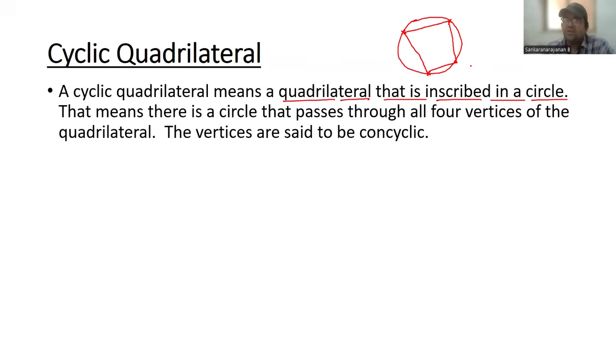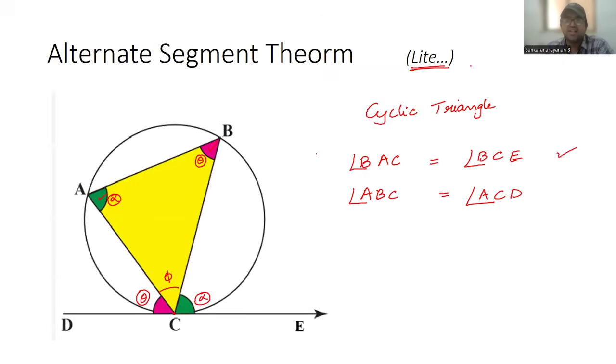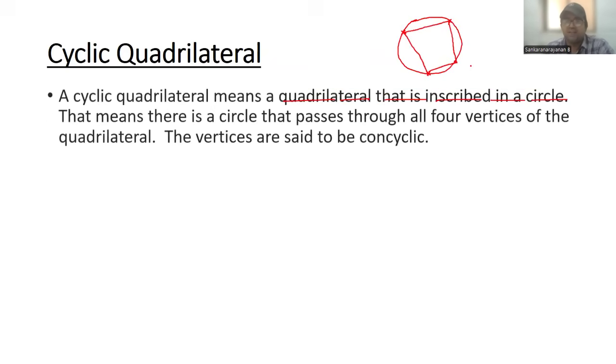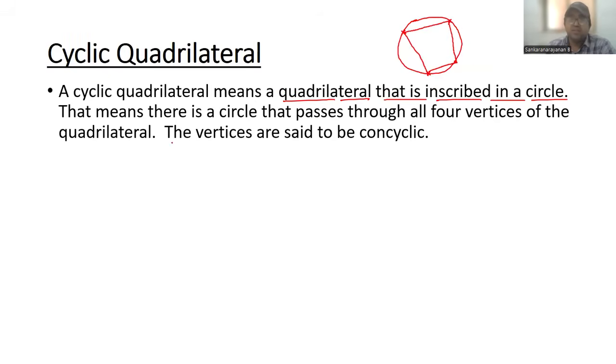Just now we saw a cyclic triangle, right? I just mentioned it, the cyclic triangle. Now from there, I'm slowly moving to the cyclic quadrilateral. So it means that there is a circle that passes through all the four vertices of this quadrilateral. These vertices, I call them concyclic vertices.